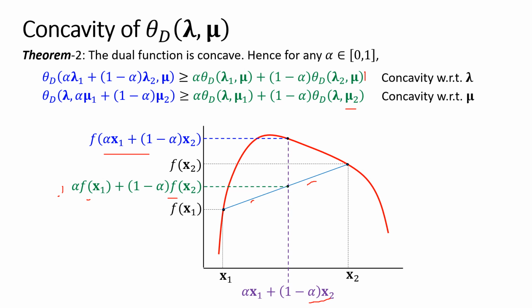And what concavity means is that the function of a convex combination of 2 points is greater than or equal to the convex combination of the functions of the 2 points. In other words, this curve should be above this straight line segment. That's concavity. And now we proceed to prove this theorem 2, which we now highlight.